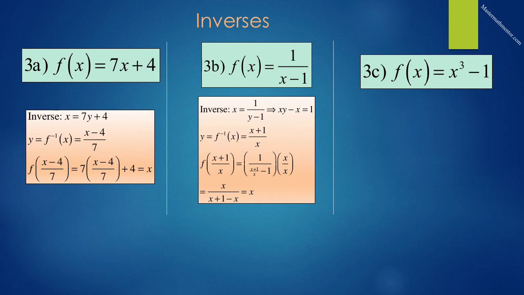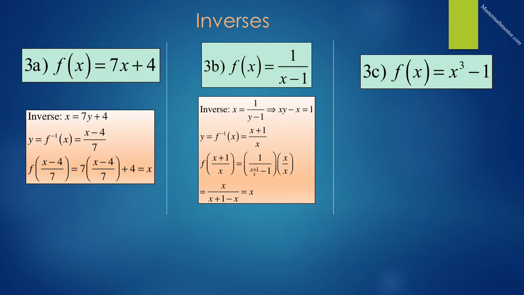In 3b, we have f of x equals 1 over (x minus 1). Therefore, the inverse is x is equal to 1 over (y minus 1). Cross multiplying, we get xy minus x is equal to 1, and therefore y, which is f inverse of x, is equal to (x plus 1) over x. So looking at f of f inverse of x, we get f of (x plus 1) over x.